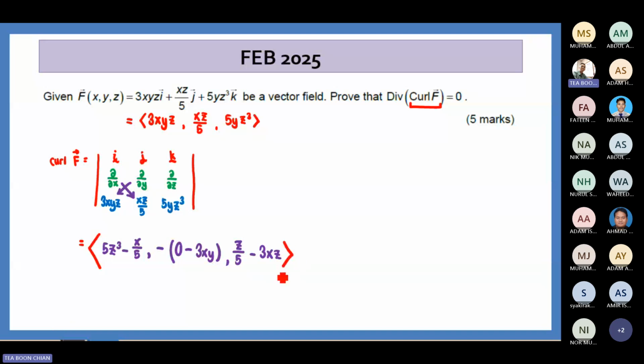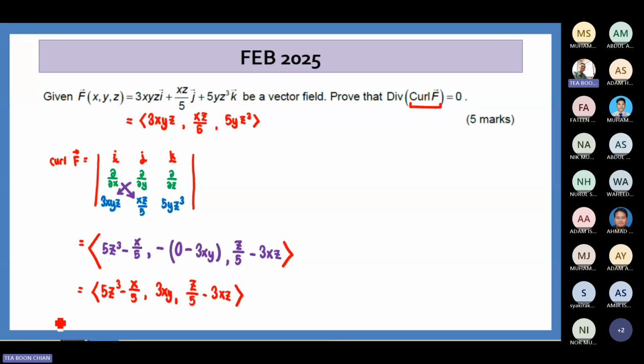Simplify it whenever possible: 5z to the power 3 minus x over 5; negative gives you positive 3xy; and z over 5 minus 3xz. So we have done the curl computation.